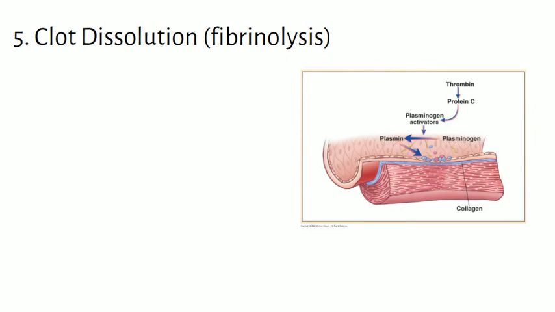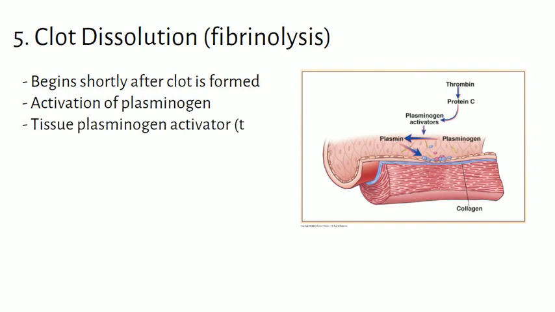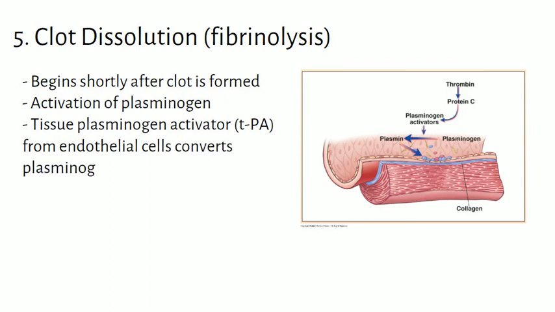The final step of hemostasis is clot dissolution or fibrinolysis, the breakdown of fibrin. Fibrinolysis begins shortly after the clot is formed and is due to activation of plasminogen. Tissue plasminogen activator released from endothelial cells converts plasminogen to plasmin.